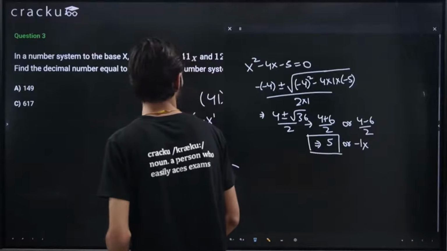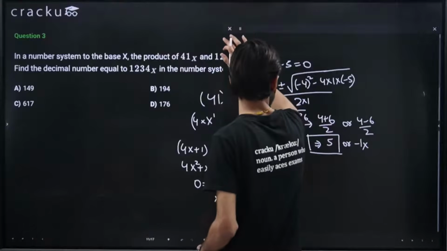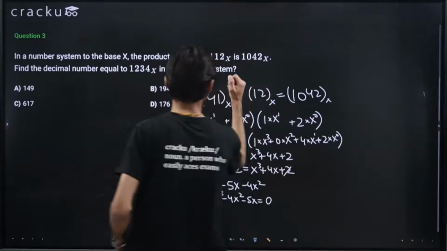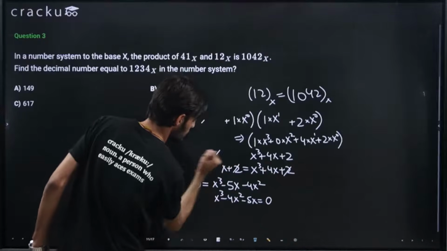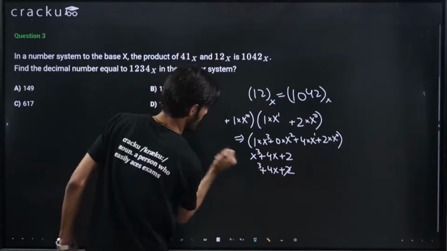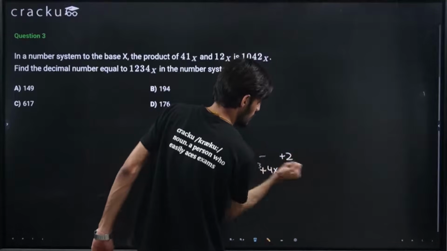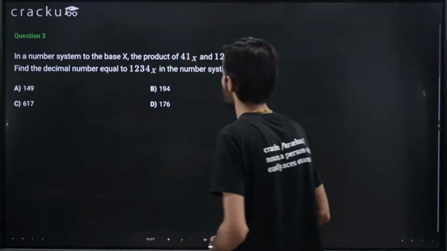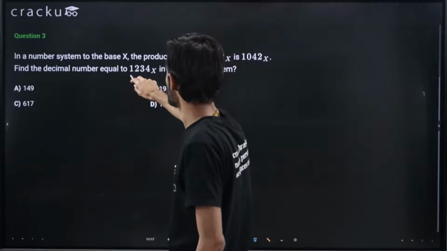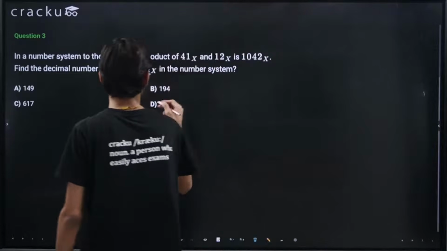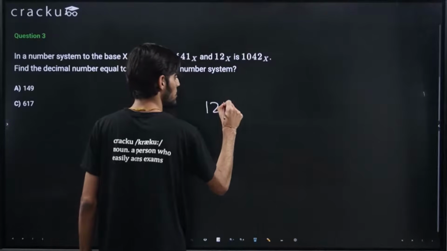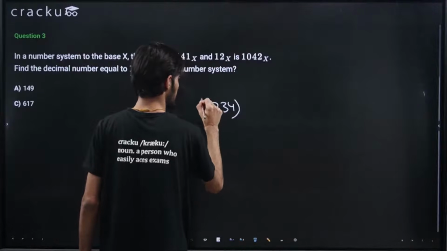So now what we need to calculate is, because we know the value of base is 5, so we can do the remaining calculation here now. So now we need to find the value of this number in base decimal system, that is base 10. So 1, 2, 3, 4, that is in base 5.